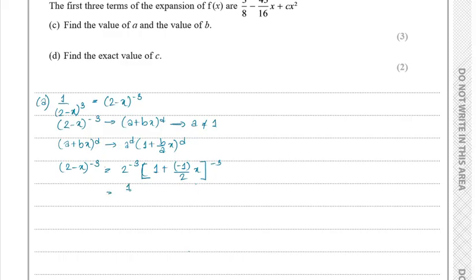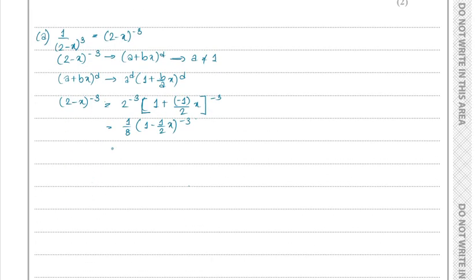And this can be written as 1 by 8 bracket 1 minus 1 by 2 x to the power minus 3. They want us to give the answer in this form, p bracket 1 minus qx to the power minus 3. So here p would be 1 by 8, and q would be 1 by 2.